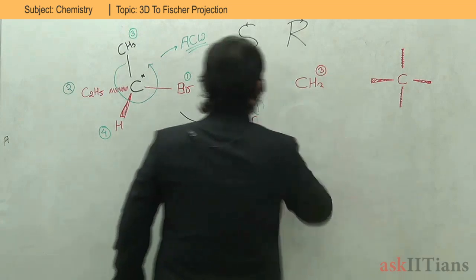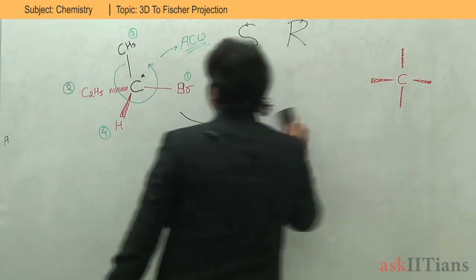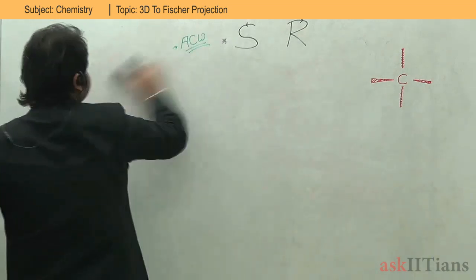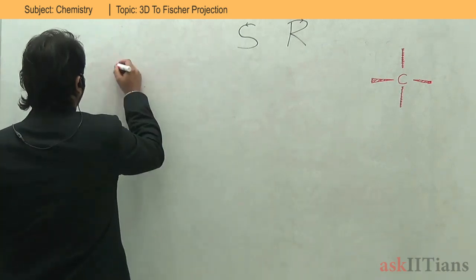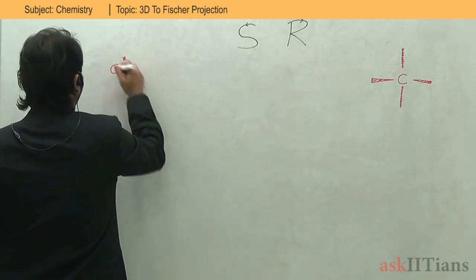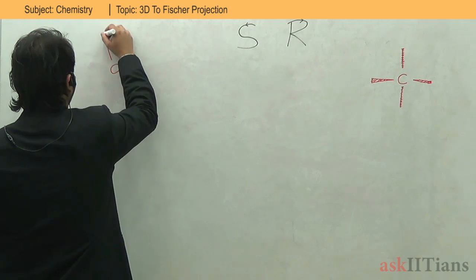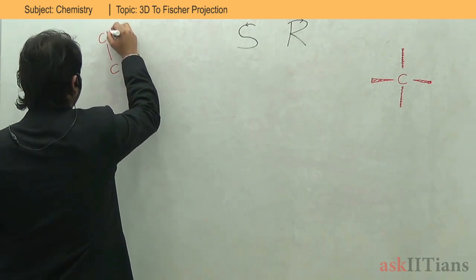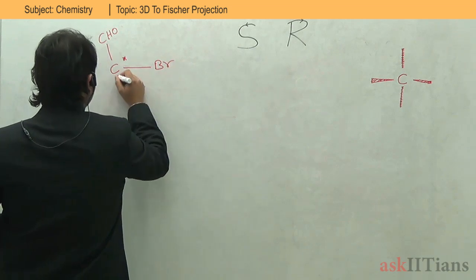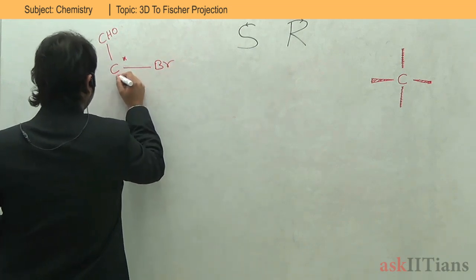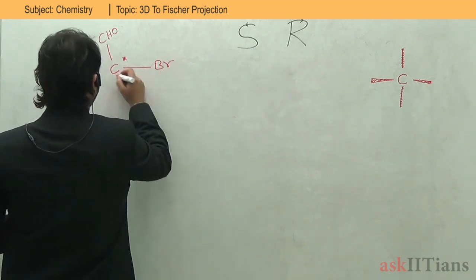Let's take one more example, because this is just for one chiral carbon atom. Let's take two chiral carbon atoms in the same compound. Let's say I have C over here, which is my chiral carbon, and I have CHO over here, and Br over here, and H over here.